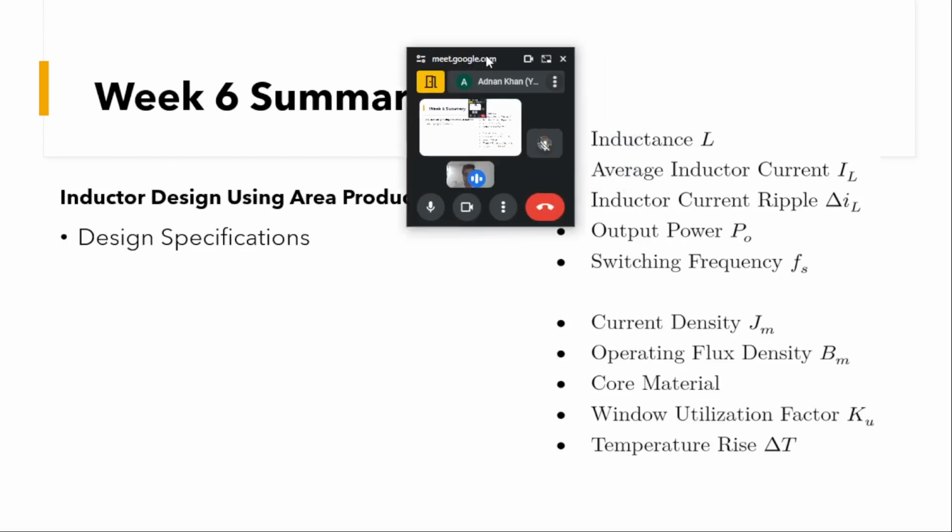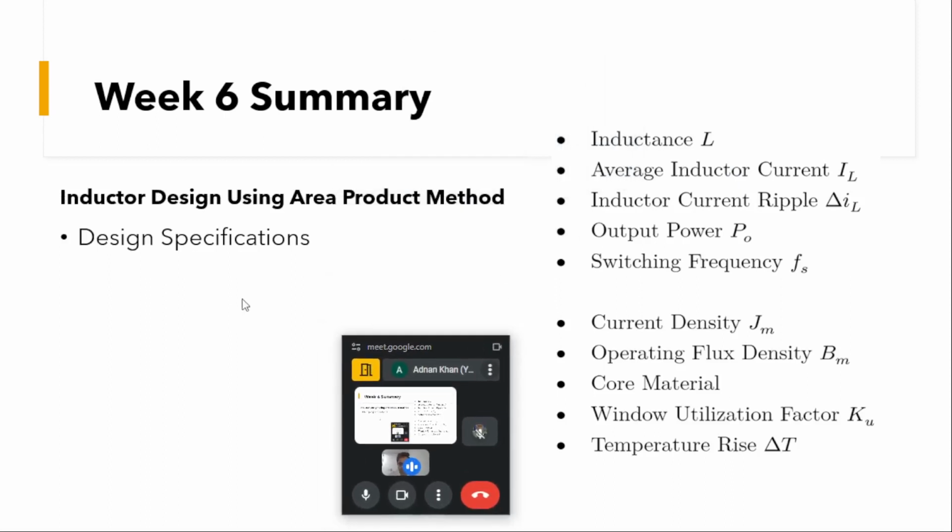Once we know the area product, if we want to design a particular inductance, we will see what steps need to be followed in order to design a particular inductor.